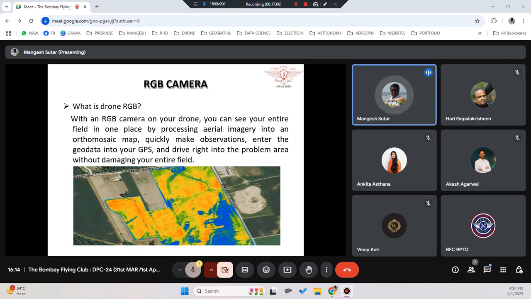For example, we use Pix4D software for generating orthomosaic maps. We capture many overlapping images, and even the GPS points are captured and fed into the software, which then creates an orthomosaic map for further analysis or observation.